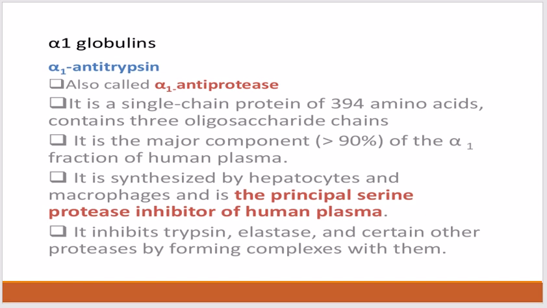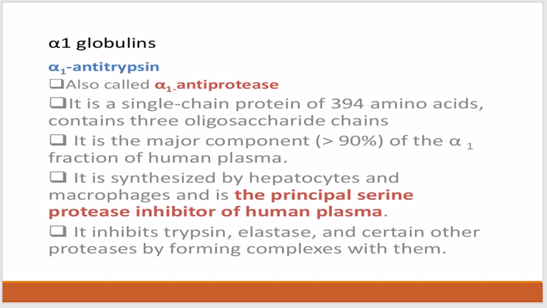The alpha 1 globulin is alpha 1 antitrypsin. It is also called alpha 1 antiprotease, and the normal value in adults ranges between 2 to 4 grams per liter. It is a single chain protein of 394 amino acids which contains 3 oligosaccharide chains.